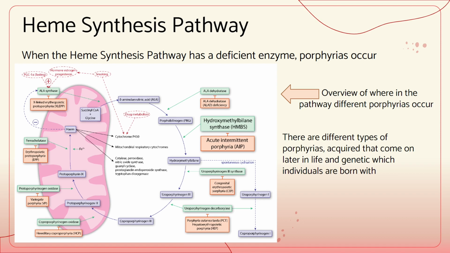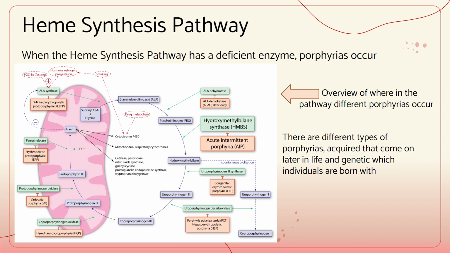Looking at the graphic, ALA synthase causes X-linked sideroblastic anemia. ALA dehydratase deficiency causes ALAD deficiency. Acute intermittent porphyria is caused by HMBS deficiency. Uroporphyrinogen III synthase deficiency causes CEP.